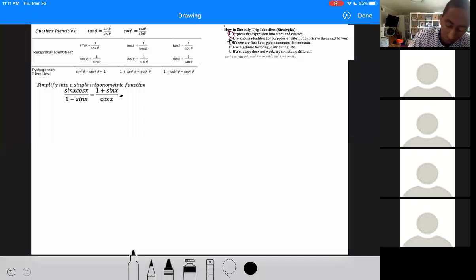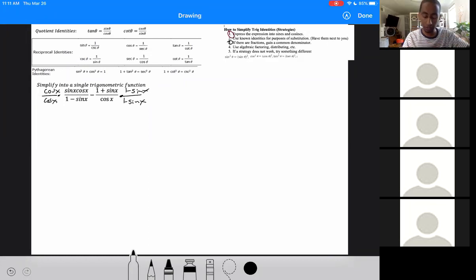Okay, good. 1 minus sine of x. And what would we need to multiply this one by? Cosine of x. Sine of x. Okay, so now we have the same denominator.